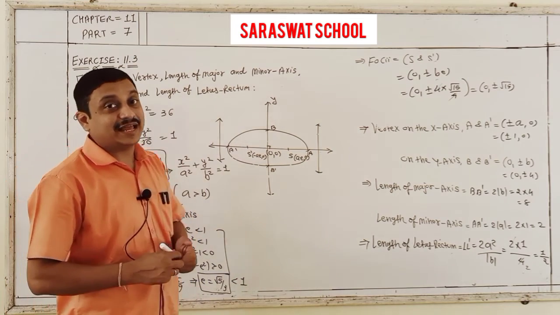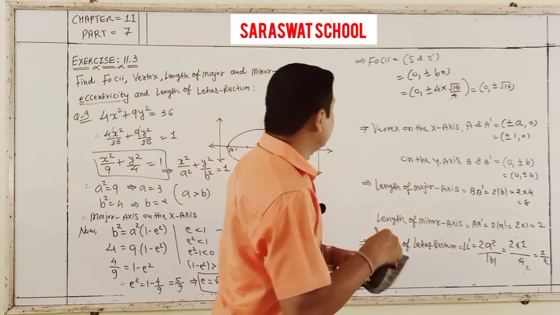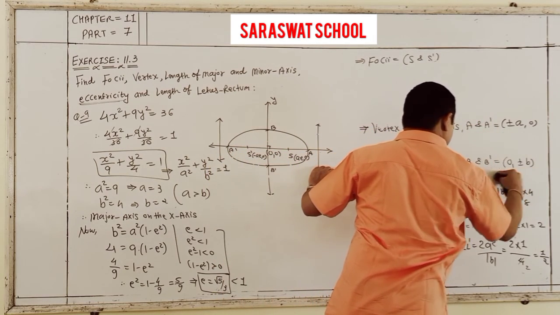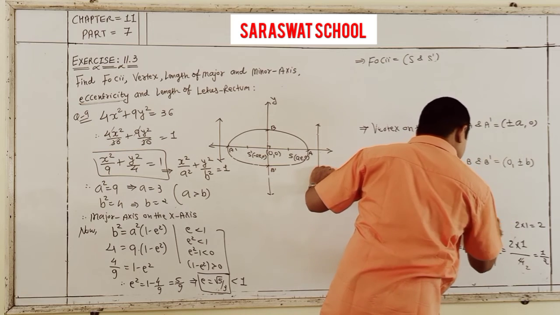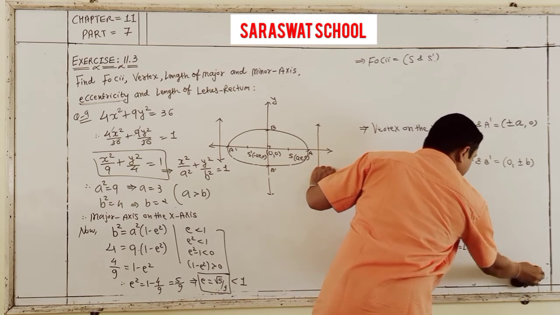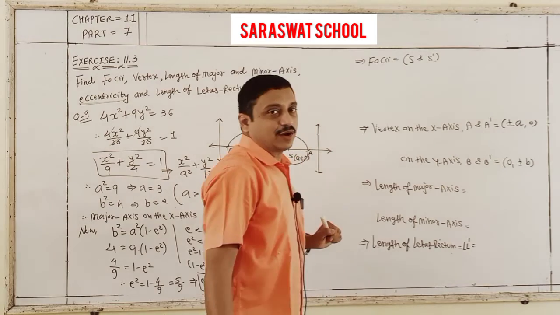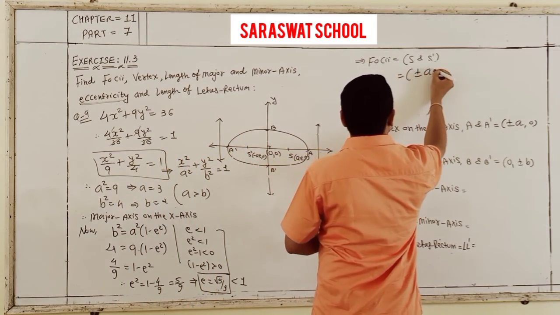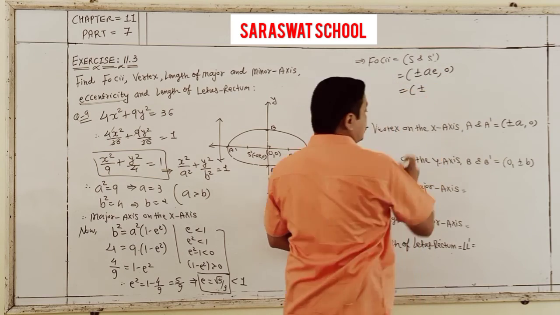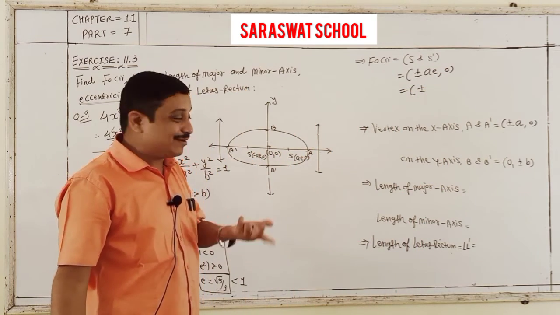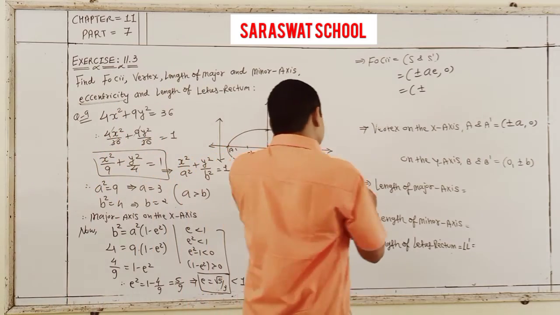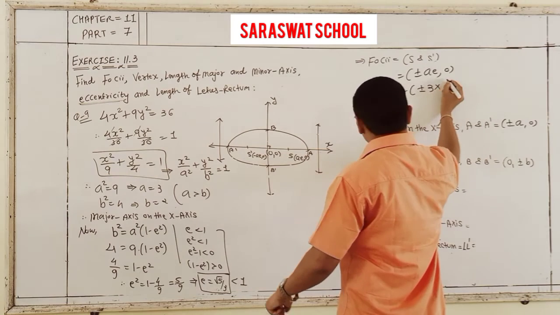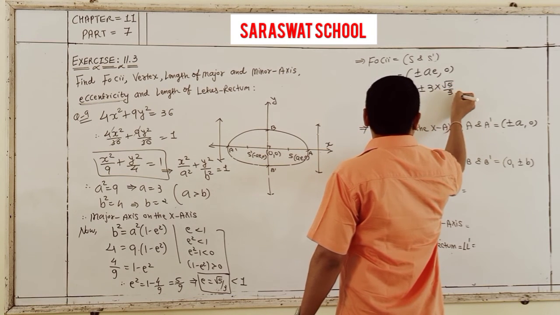And that, students, I am moving ahead now. Our further case, focus. Yes, here it changes, vertex same. Length of major axis changes, minor axis changes, and L dash changes according to our drawing. So here S and S dash, you know, is plus or minus ae comma 0, because a is known and e is known, with the major axis on the x-axis. So here a is 3, e becomes root 5 by 3.